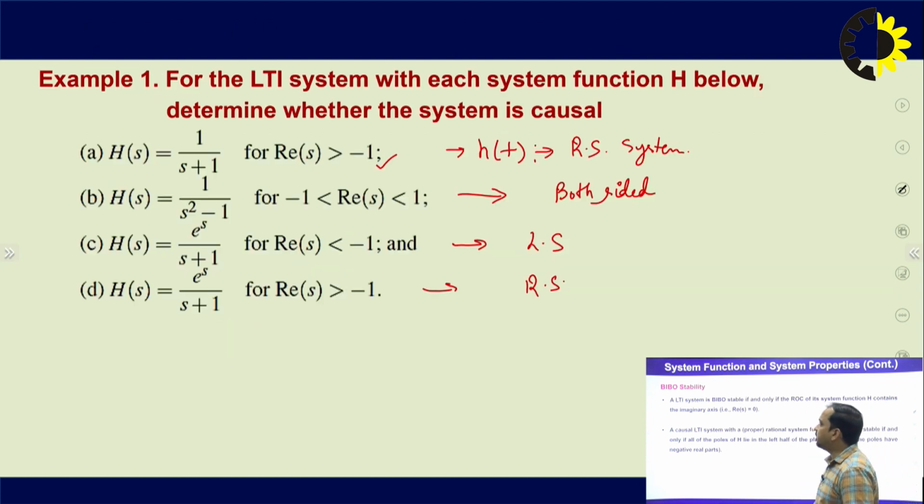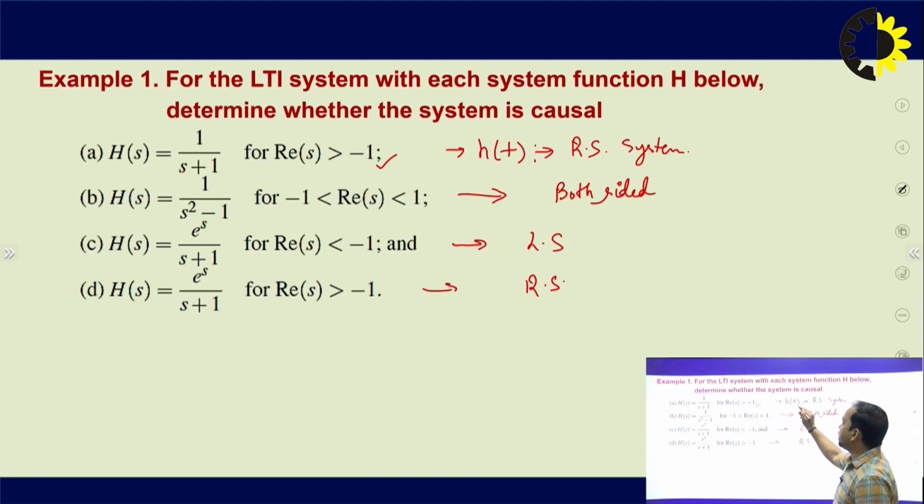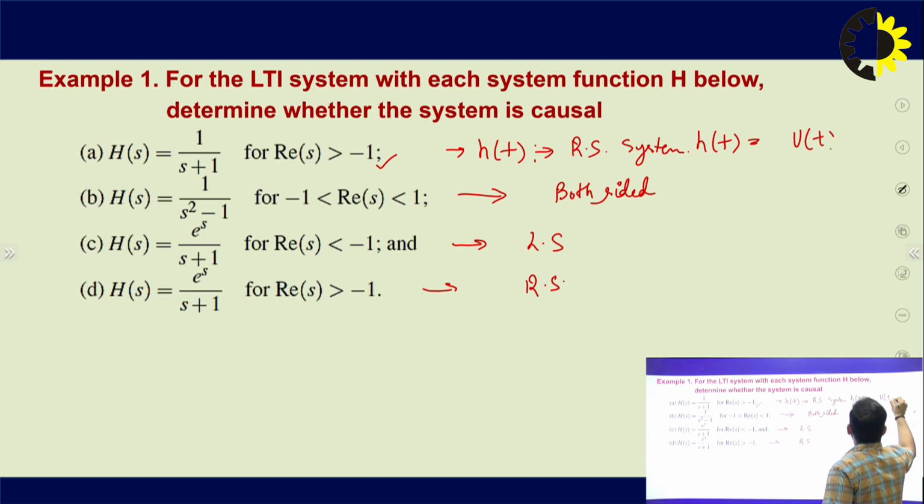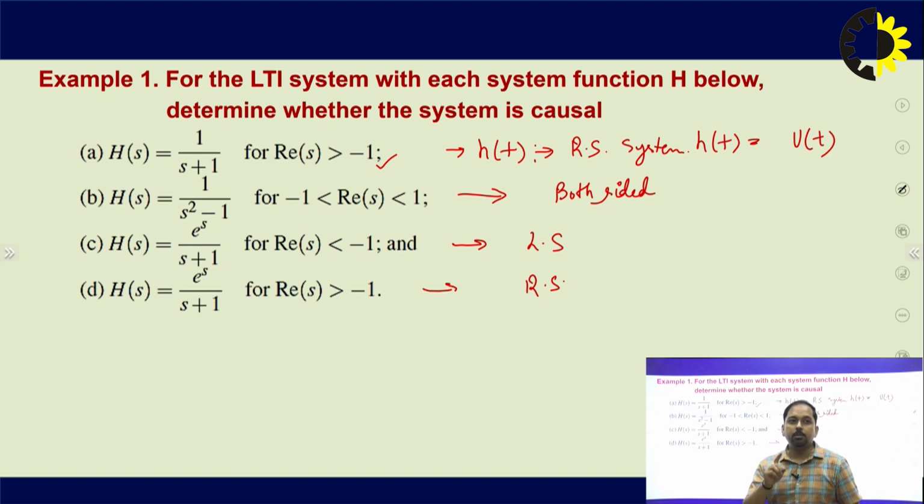So how can we check? We can calculate h(t) here. For the first one, 1 by s is nothing but u(t), and then there is a shift in the s domain, 1 by s plus 1.